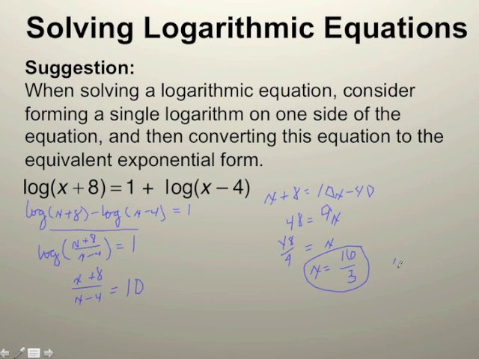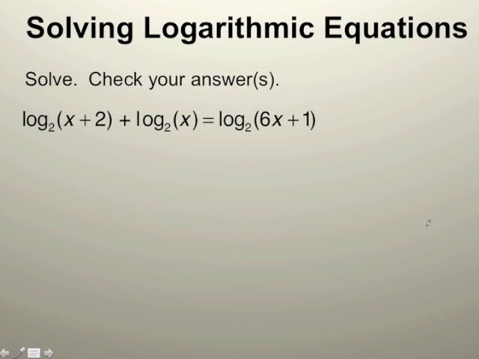So 16 thirds is 5 1/3. So 5 1/3 plus 8 would be positive. 5 1/3 minus 4 will still be positive, 1 1/3. So this answer does check. Now these are log base 2. And I'm going to combine these to 1.